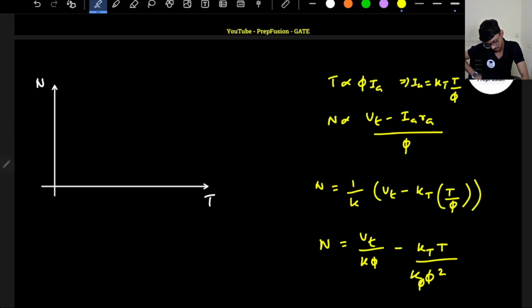Let me write this as K only, K into phi. So this is the equation basically.